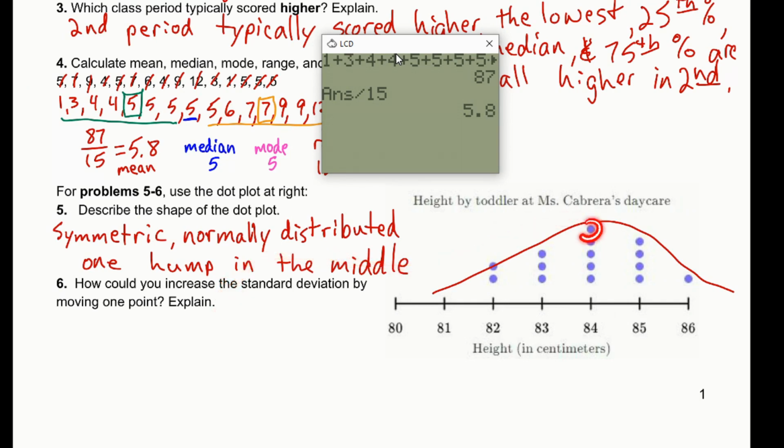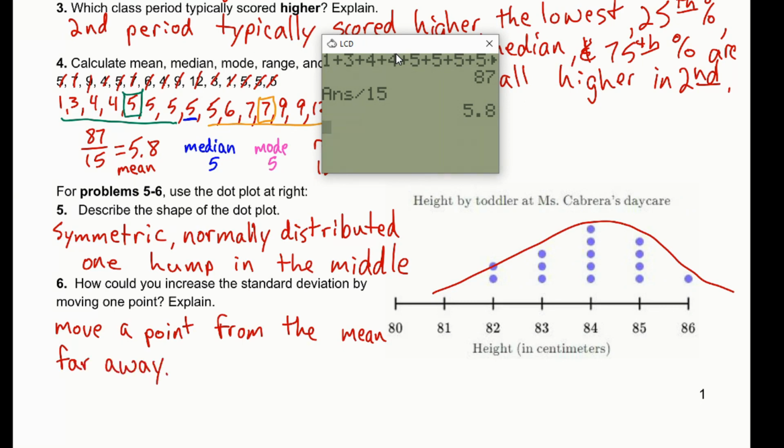If instead we go even further, that will increase the standard deviation even more. The further away we get from the mean, the more we increase the standard deviation. So move a point from the mean far away.